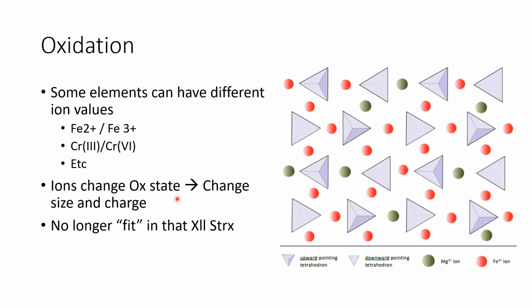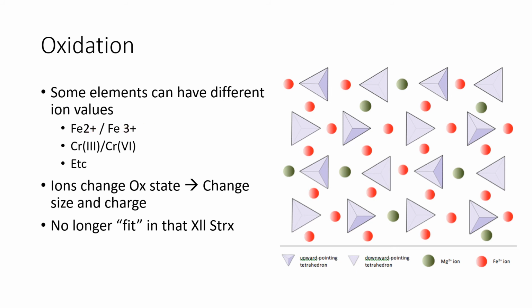And so here's a picture of our nesosilicate. We're some sort of olivine here with magnesium and iron involved. Let's think about the irons, those red ones. We balance those -4 silica tetrahedrons using 2+ or divalent iron, right? But what happens if we change that oxidation state to 3+?